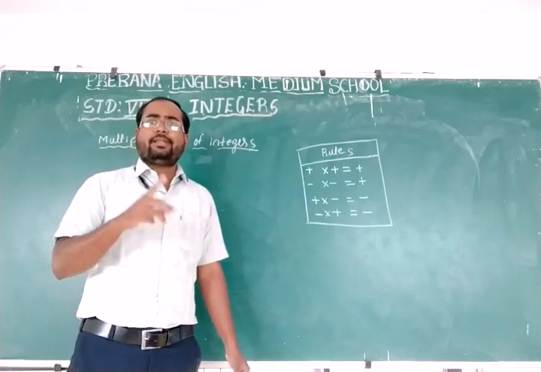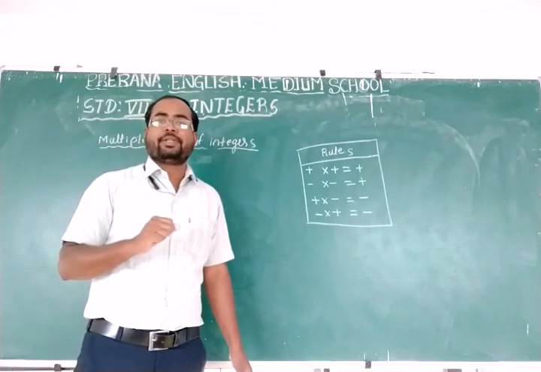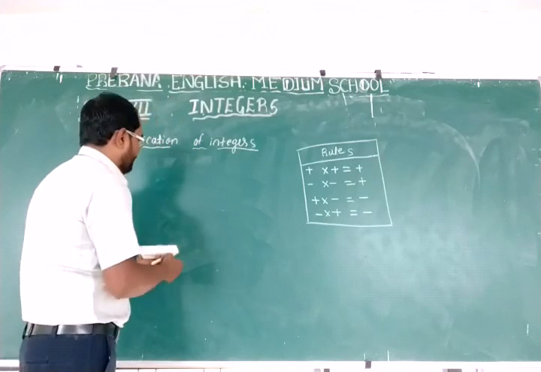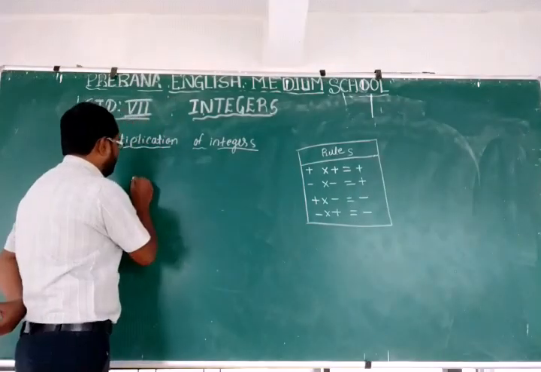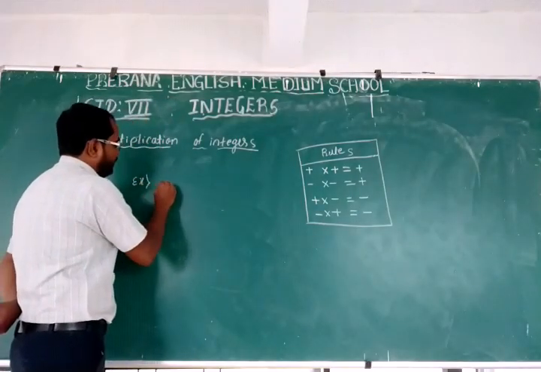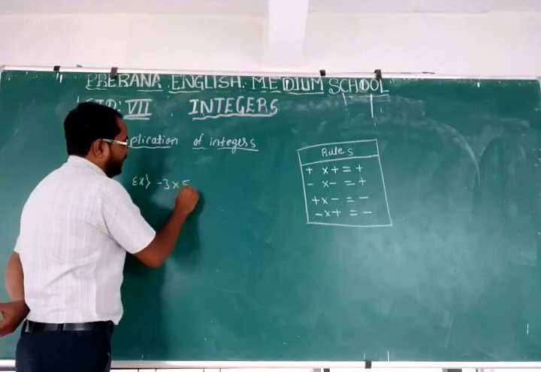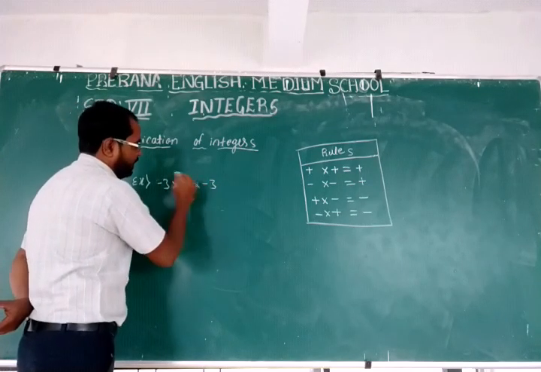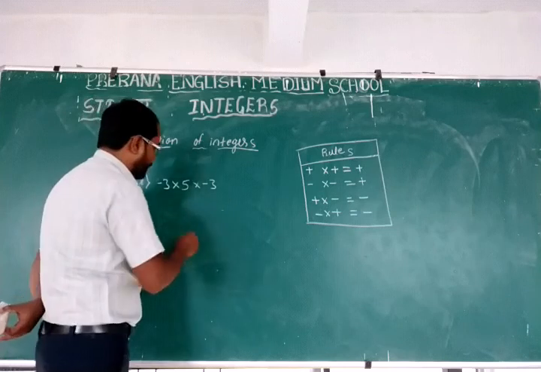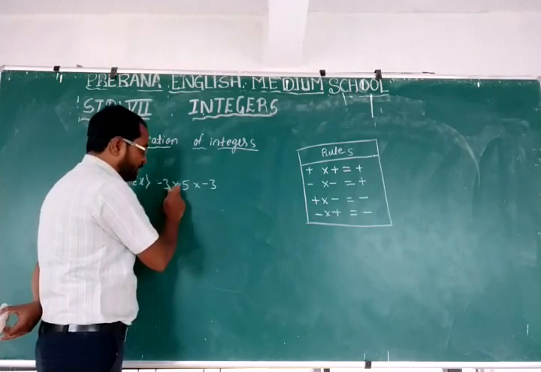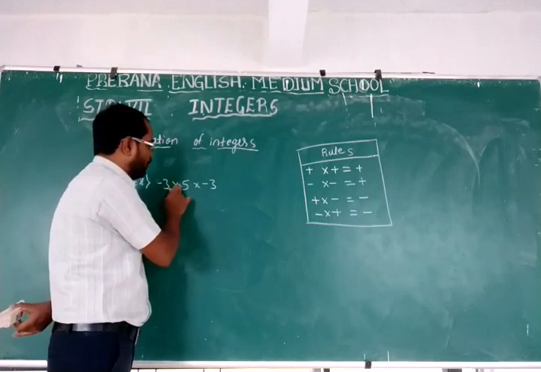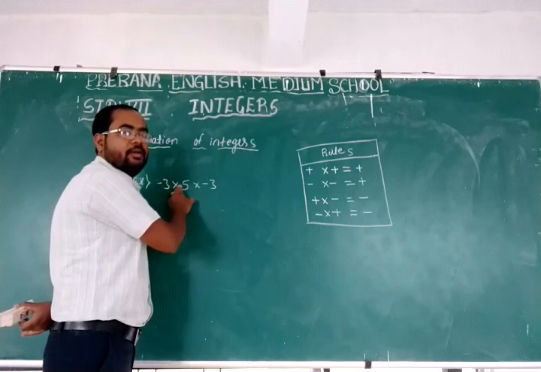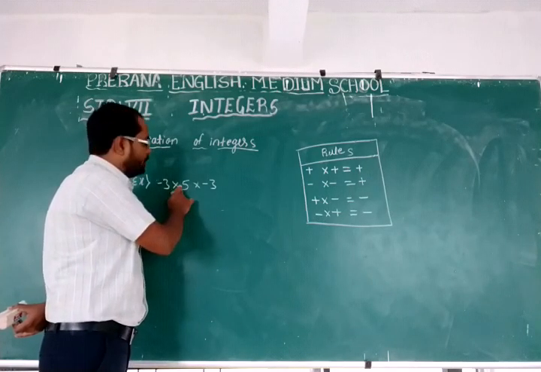Suppose, what if there are three numbers for the multiplication? If it is minus 3, 5, minus 3, how will you multiply? Look here. Minus, if there is nothing, means plus. Minus into plus will be minus.